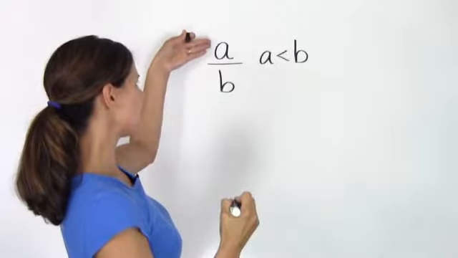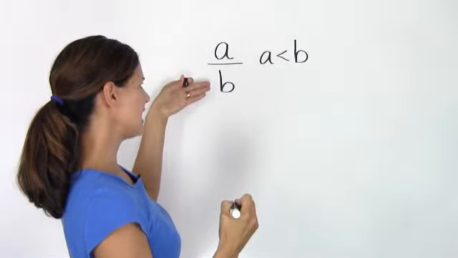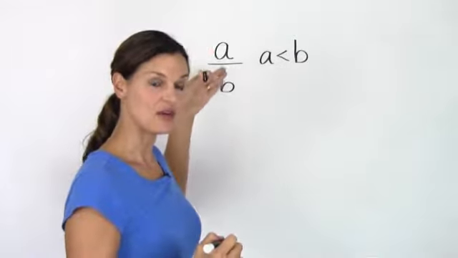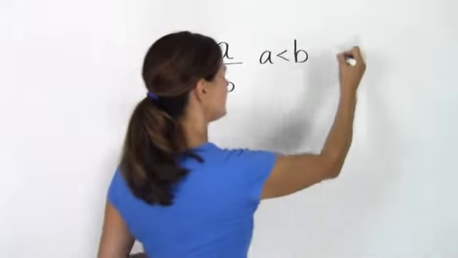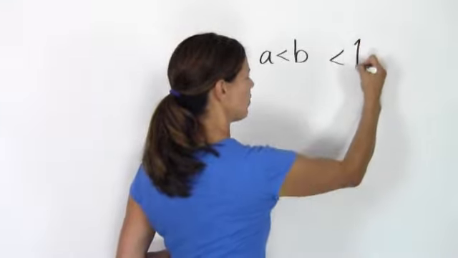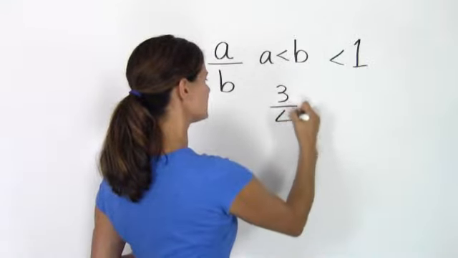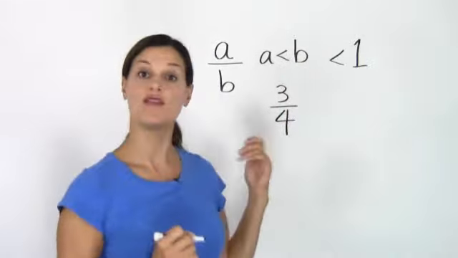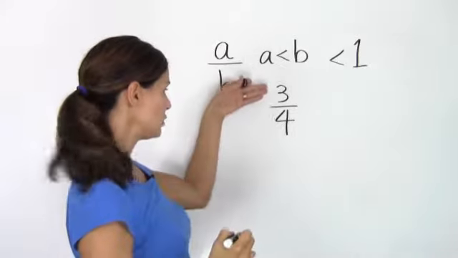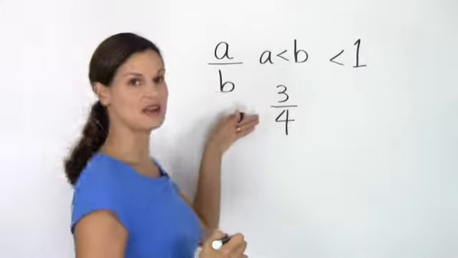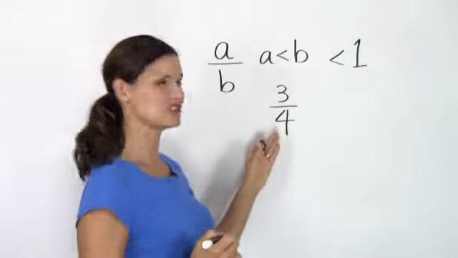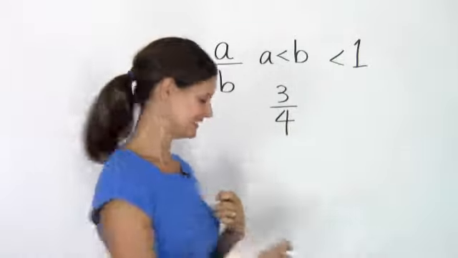So A is a smaller number than B. And in this case, the value of a proper fraction is always less than 1. So 3/4 is an example of a proper fraction where my numerator is less than my denominator and the value of this fraction is less than 1.